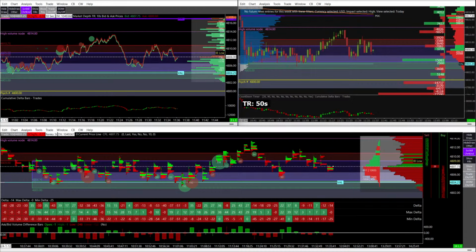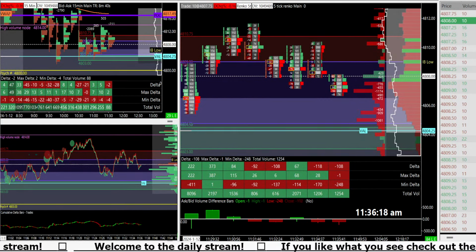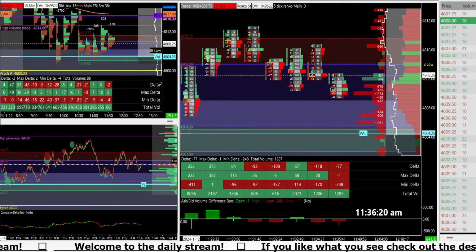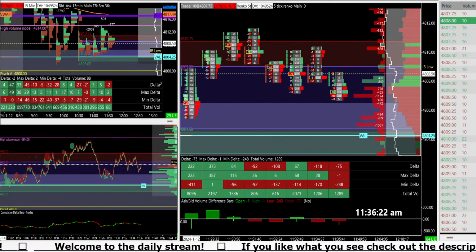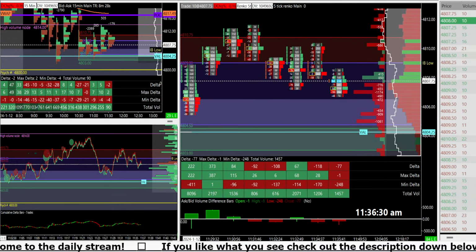It's just as simple as buying and selling. Buy low, sell high. It's so simple, but it takes a little bit of understanding how the auction moves. It's all about the auction.